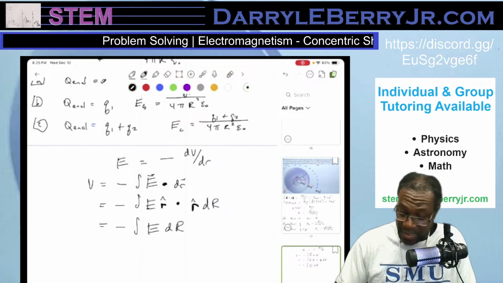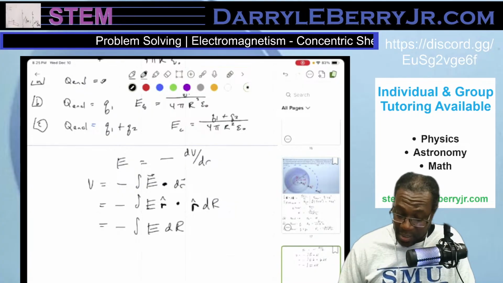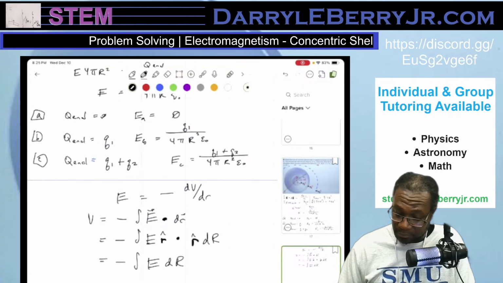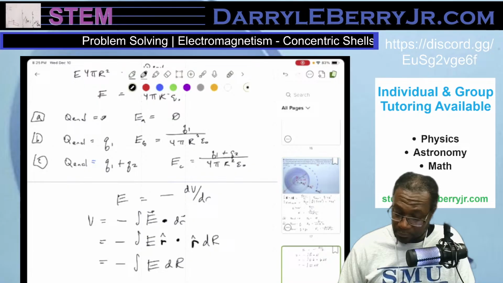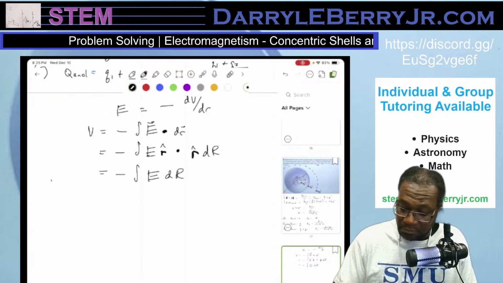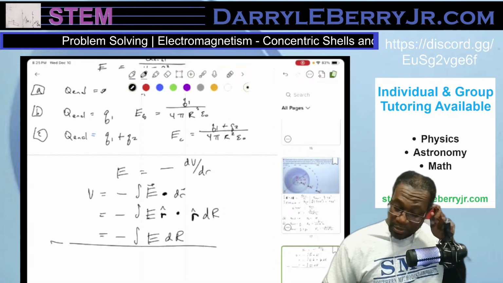So all we have to do now is plug in our equations from earlier, and we can work this out.